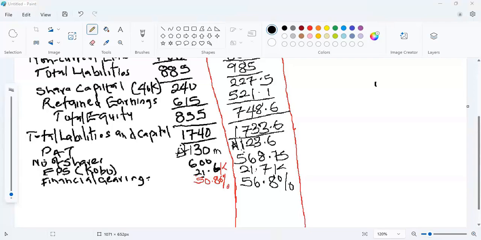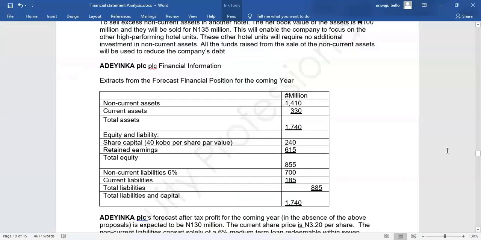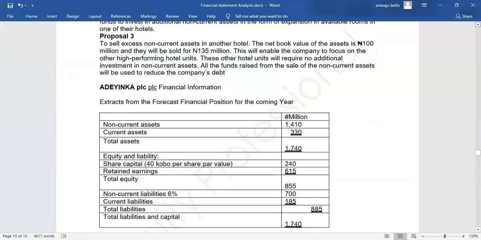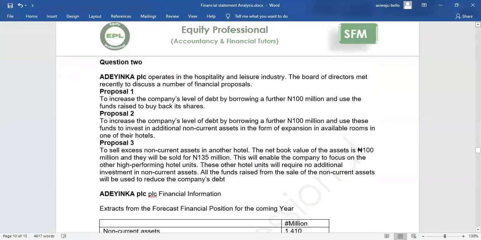Okay, let's look at proposal 2: to increase the company's level of debt by borrowing a further 100 million and use the funds to invest in additional non-current assets in the form of expansion in available hotel rooms. That means for proposal 2, we are still going to borrow 100 million.